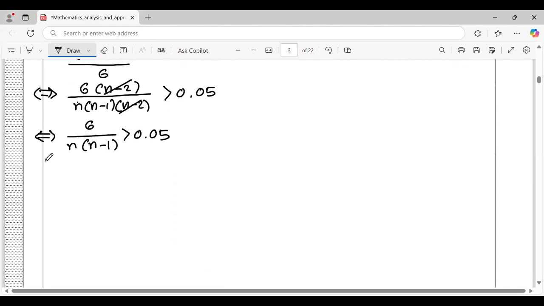And the next step, multiply, it becomes 6 greater than 0.05 n and n minus 1, and so on. After that, divided by 0.05.